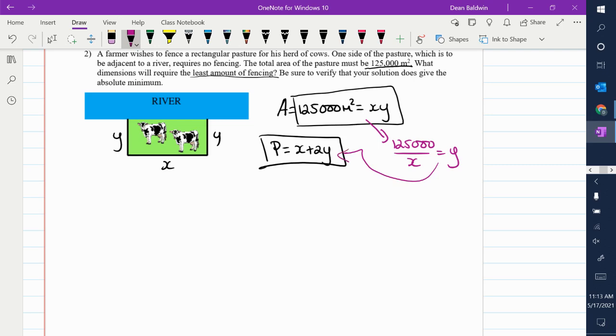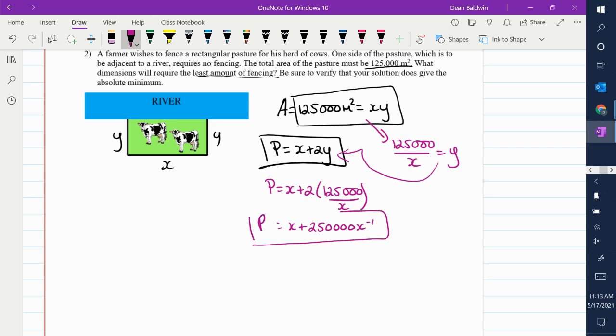That goes in for y. And I flip the x up just to make it easier to derive.